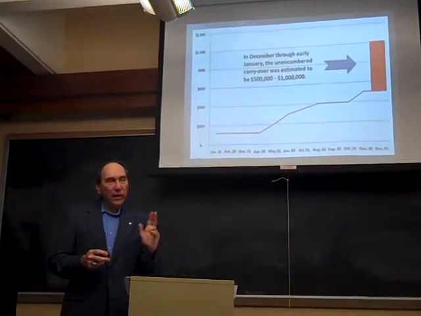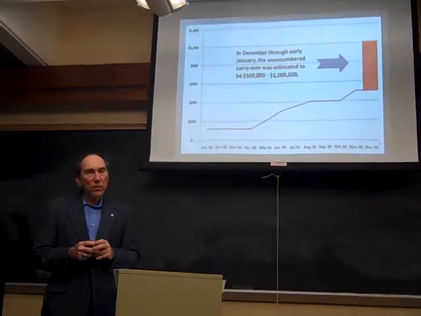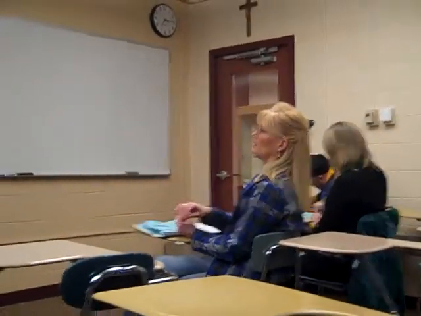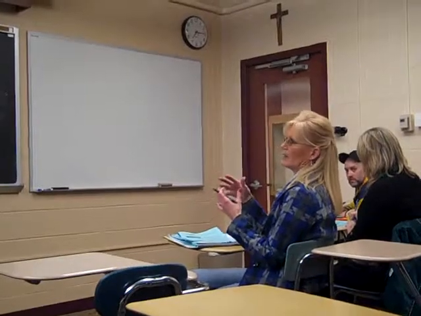Does anyone know what an encumbered expense is, or would like to take a stab at it? Yeah, go ahead. Encumbered is money that is committed via a purchase order. Right on point. It is encumbered.